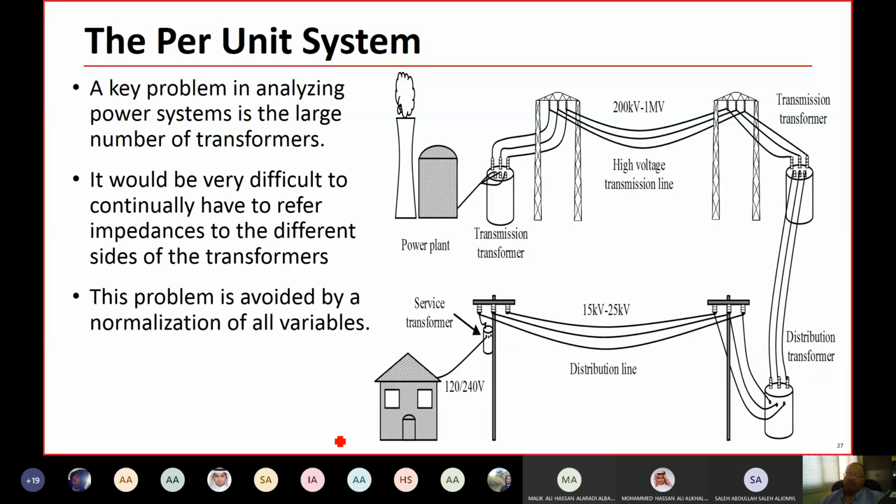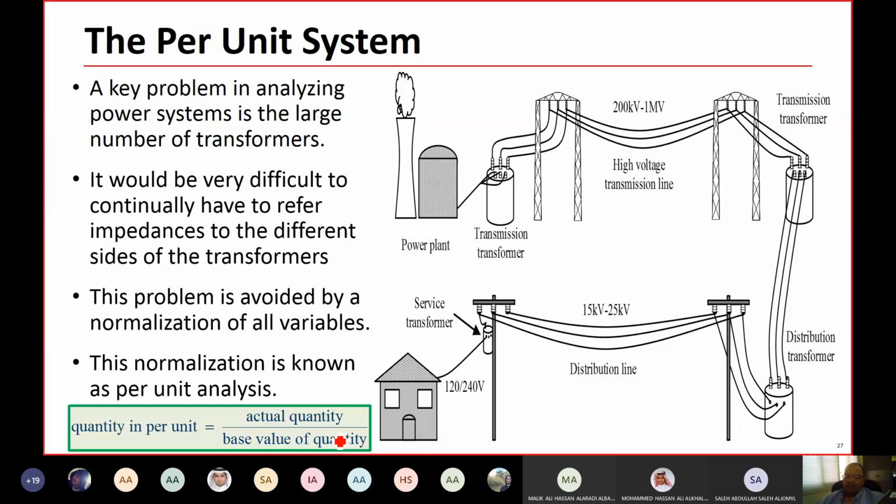This problem is avoided by normalization of all variables. We relate all variables to the normal values, to the rated values, or what we call the base values. Okay? Normal values, base values, or rated values are synonymous. So this normalization is known as per unit analysis.